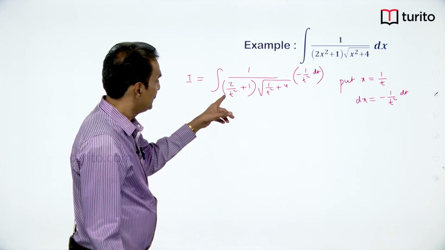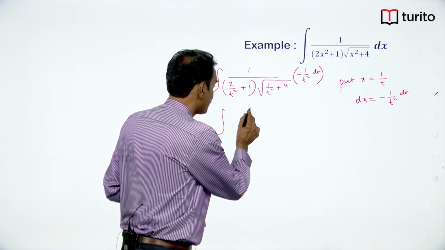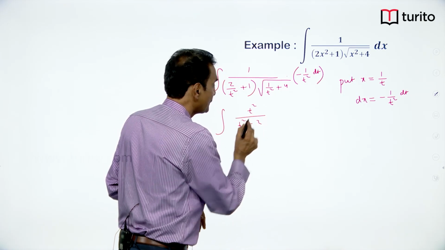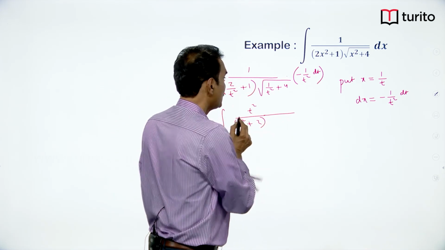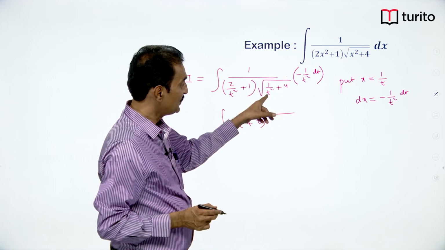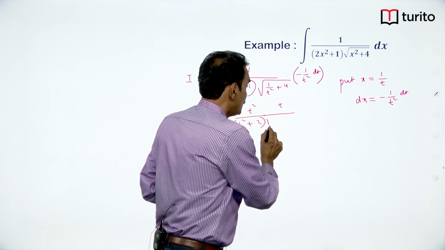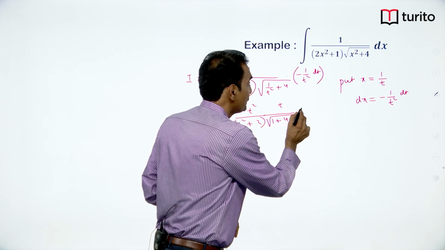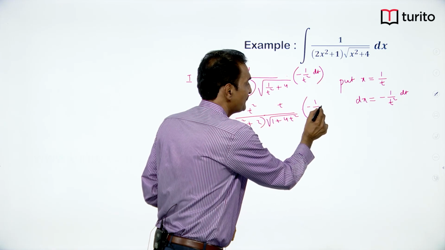Simplify. This becomes t square by t square plus 2 and this becomes, t square is LCM, but root t square is t. So, t by root 1 plus 4t square into minus 1 by t square dt.